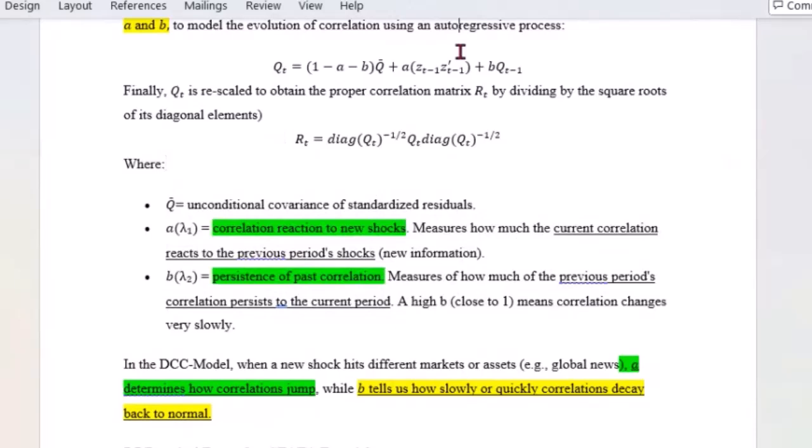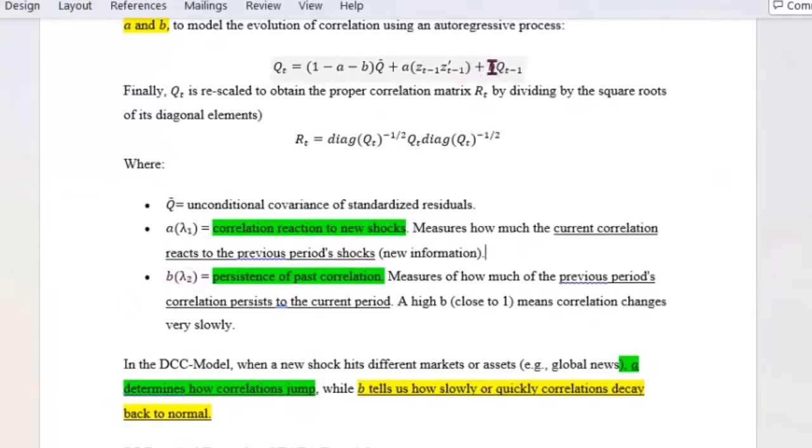So this model is just a simplification of the first one, but what I want to emphasize is parameter A and parameter B. We are saying that this parameter A, which we are calling lambda 1, is the correlation reaction to new shock. It measures how much the current correlation reacts to the previous period's shock.